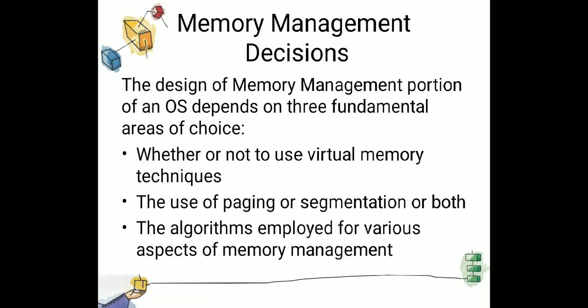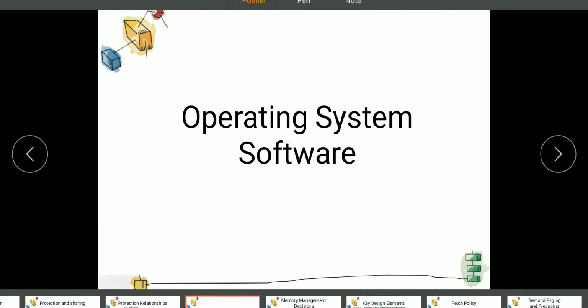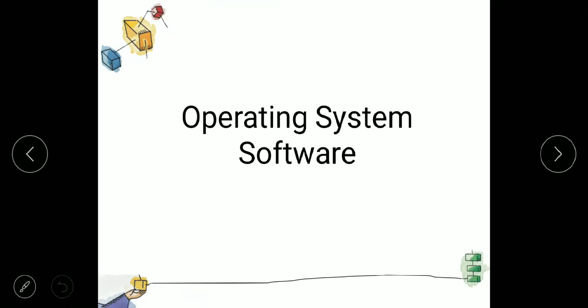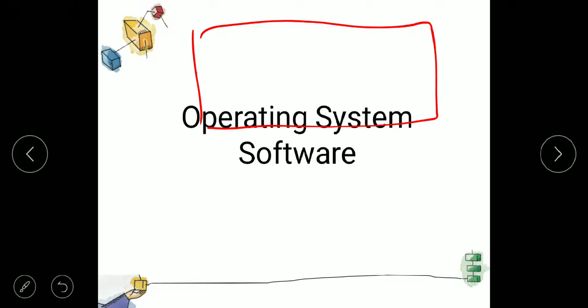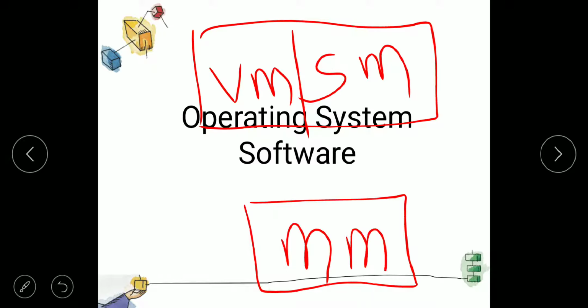Before going into this, I just wanted to sort out a few concepts about virtual memory. Let's see, this is secondary memory, out of which we are going to reserve a portion, which is going to be called virtual memory, and there will be a main memory, where we are going to load all the processes which we want to execute.